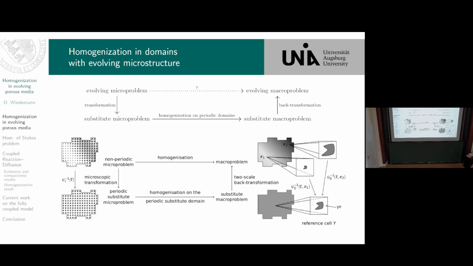So to do a little bit more of pictures, so we have here the non-periodic domain transformed on the periodic domain. Thereby the non-periodicity of the domain becomes a non-periodicity of the equations. So basically, not so much, but this non-periodicity of the equation can be treated more easily. And then the homogenization, and then we have the back transformation.